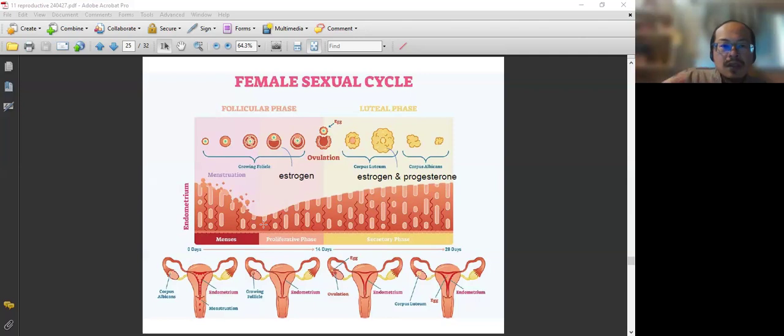The follicle produces the estrogen right here. It will cause the endometrium to get thicker and thicker. So this is very soft, neutralized soil for landing, for the oocyte or the embryo to land.